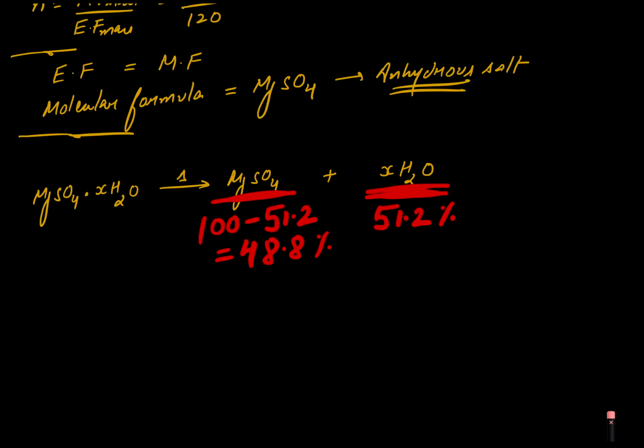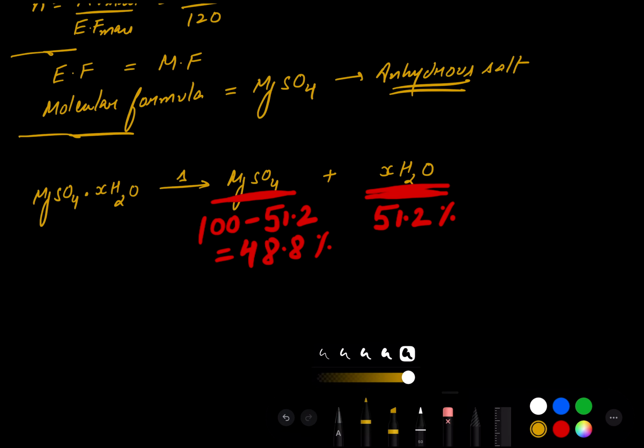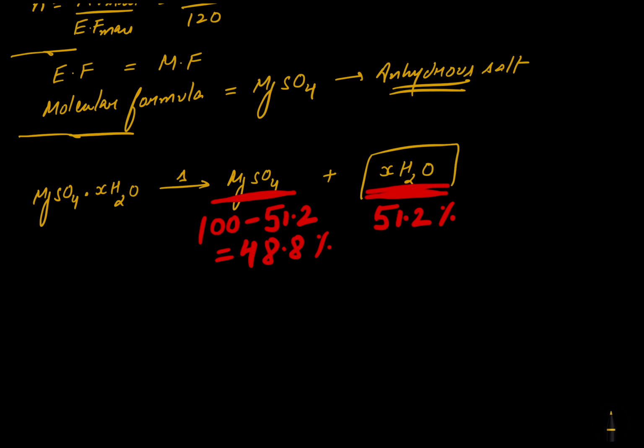In the question it was given that magnesium sulfate dot XH2O on heating loses 51.2% of weight. Now we know that when we heat any crystalline salt, it loses all its water of crystallization, and that was 51.2% of the total weight of the crystalline salt of magnesium sulfate. Now what's remaining?